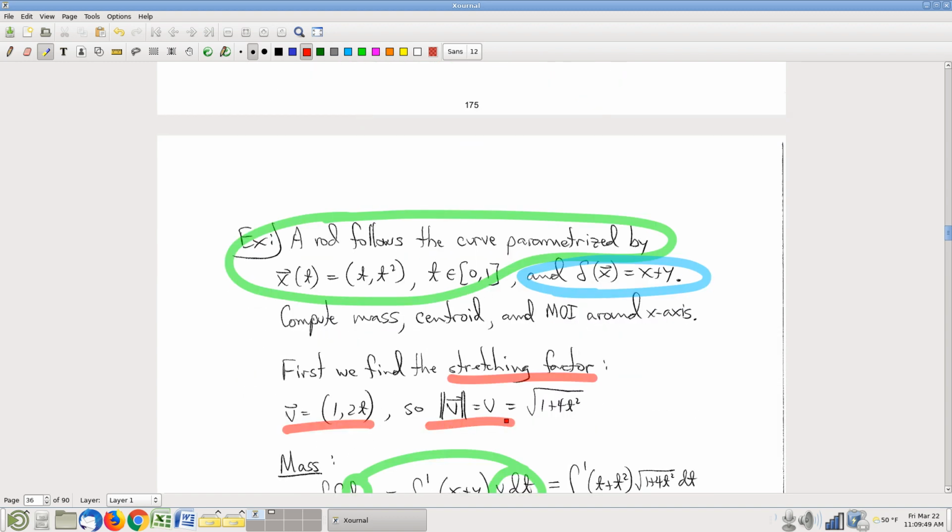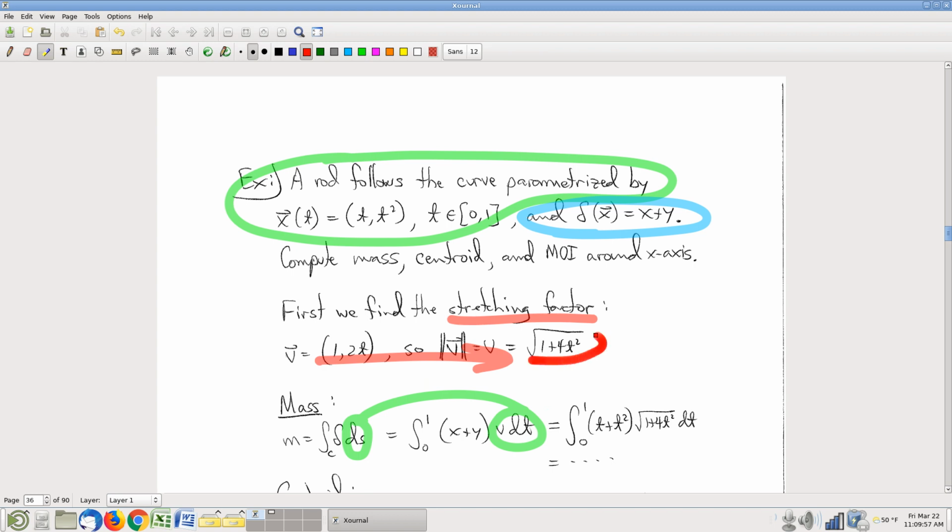You've got to take the magnitude of that velocity to get the speed. And details for this particular example give that the stretching factor, the speed, is this formula here. And to second order, our ds then is speed times dt, and so our integral simplifies like that.